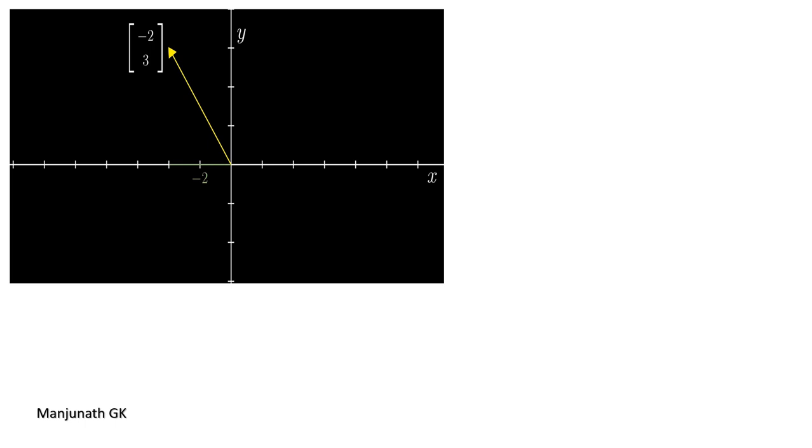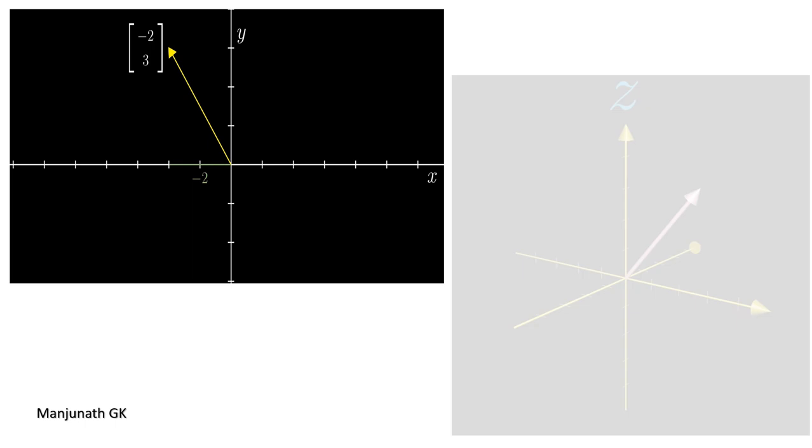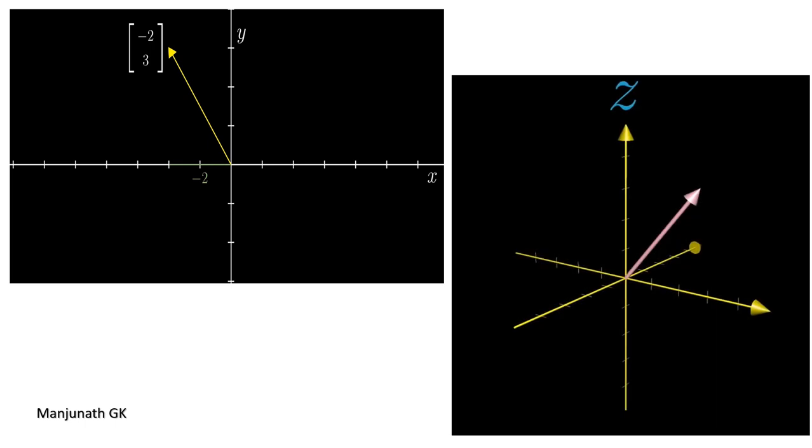The next concept is how vectors look if the axes are increased to 3: x, y, z. If one more axis is added, then how should vectors be represented? Consider the x-axis, y-axis, and along with this, one more axis is added, that is z.